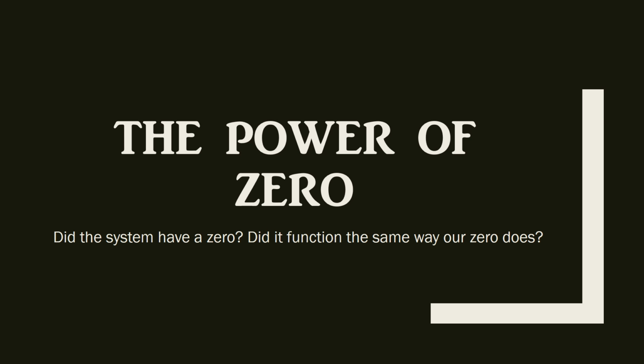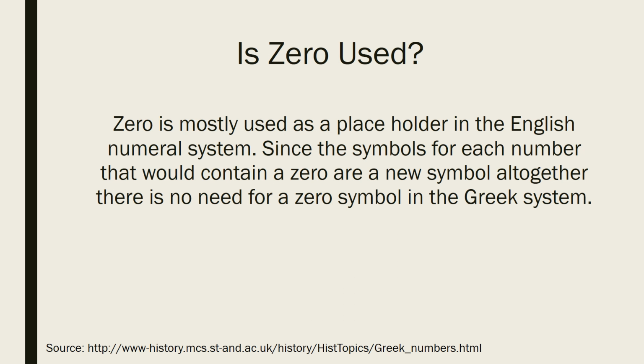So because we base off of 10 in English, it's obvious that people would be wondering, is there a symbol for 0, and does it function the same way as ours? 0 is mostly a placeholder in the English system.